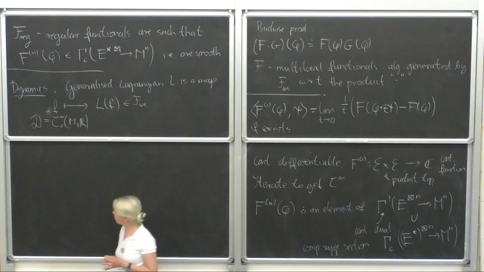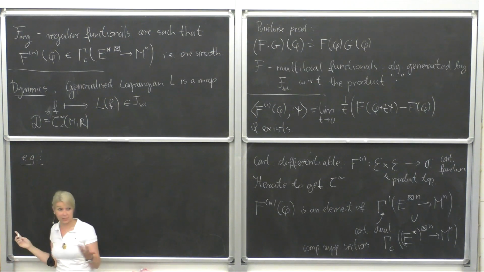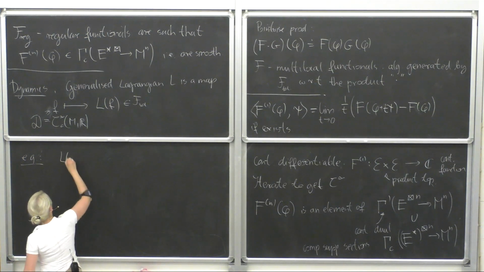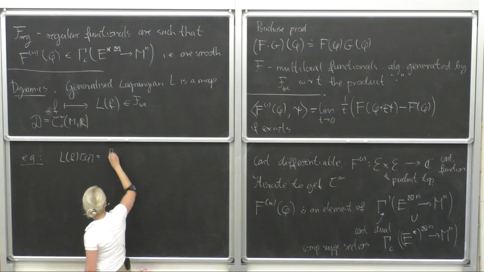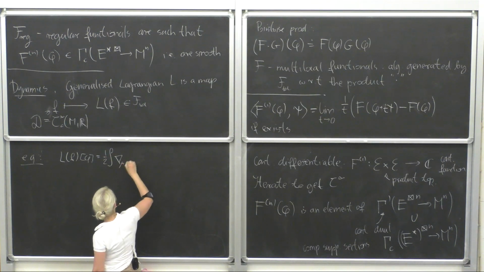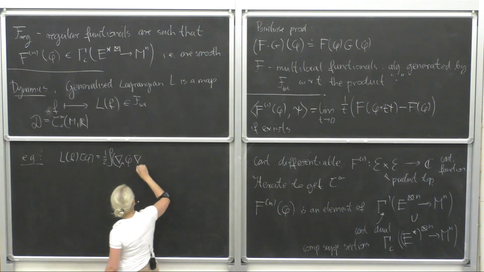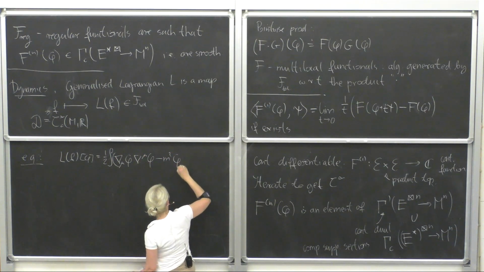So again, examples. Free scalar field: L_F of phi, that's maybe 1/2 (d_mu phi)^2 minus m squared phi squared.